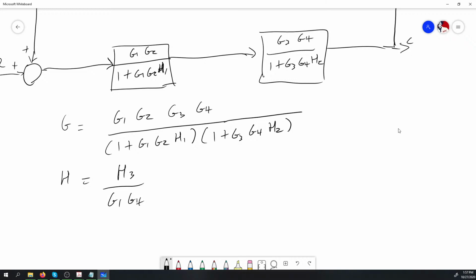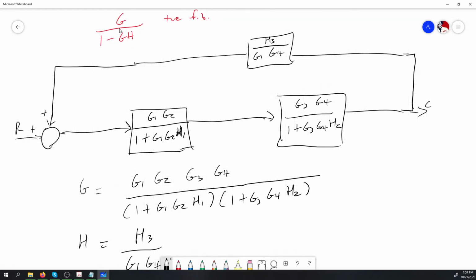This is going to be our final step, because it represents the transfer function between R and C accordingly. So this is going to be G divided by 1 minus GH.